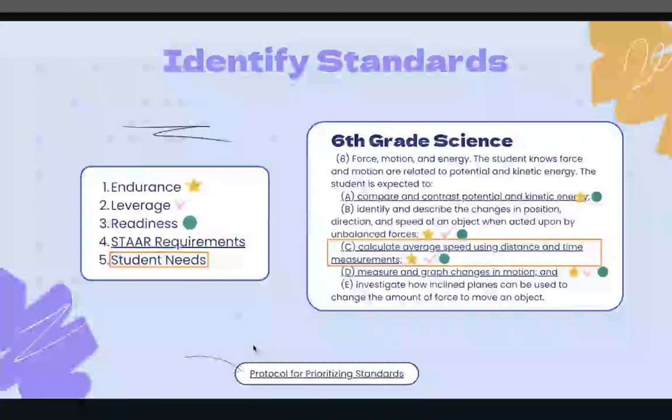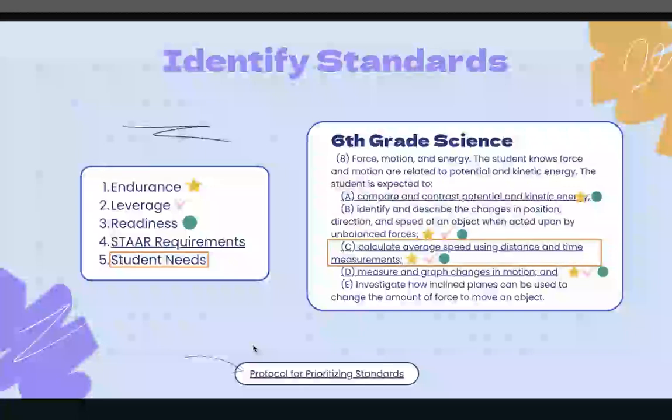But is it going to provide some sort of readiness for another standard that comes later on in their course sequence, right? So again, back to my science example, if you don't understand changes in position, then when you get to 8th grade, you won't be ready for this content later on, right?